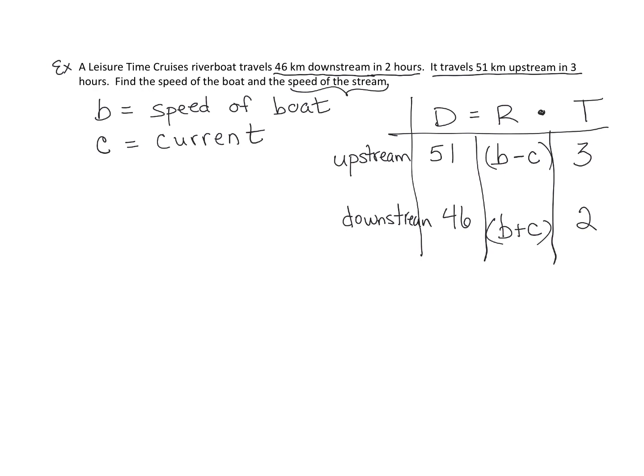So we really actually have our two equations kind of staring us in the face here. We have distance, 51, equals b minus c times 3, and 46 equals b plus c times 2.